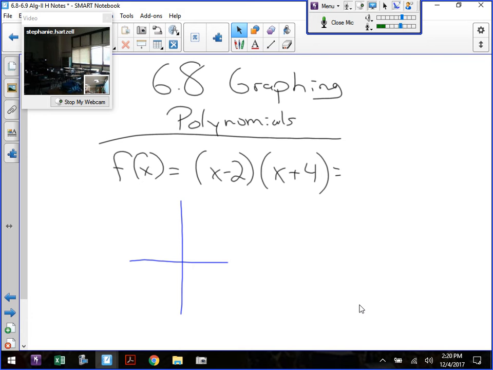If by chance you have terms of x minus 2 and x plus 4, where are your zeros? 2 and negative 4. What are your tails doing? They're both up, aren't they?